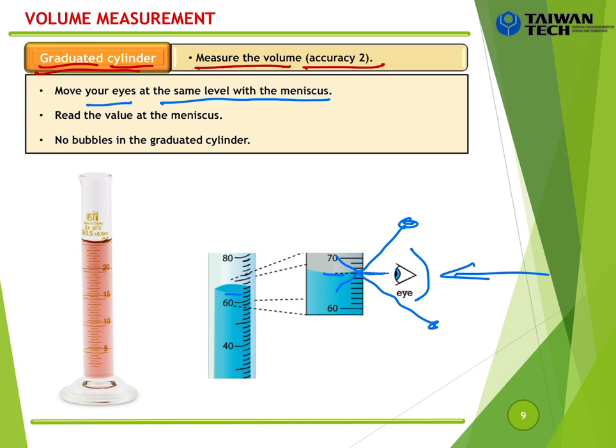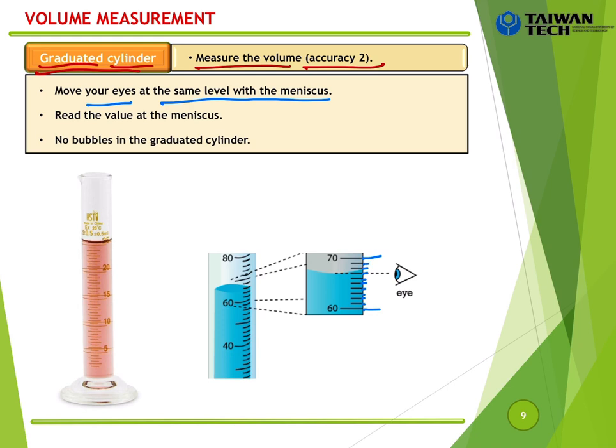Okay, so from here you can see not only one level, any level in your graduated cylinder, you can also know the volume. So from here you can see this one is 60, right? And this one will be 70, and you should know about the smaller levels. So this one we have 1, 2, 3, 4, 5, 6, 7, 8, 9.